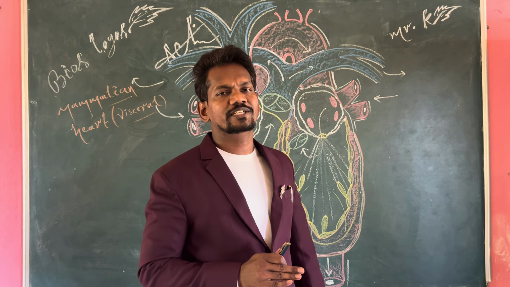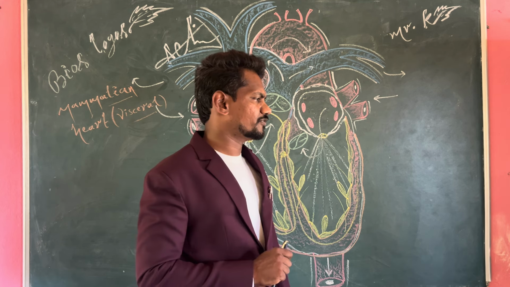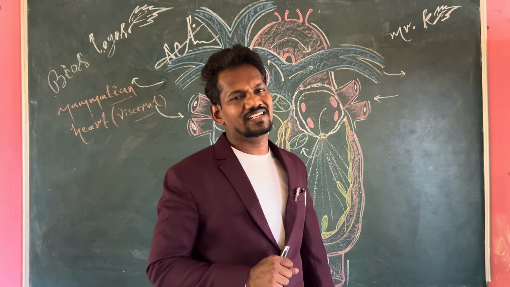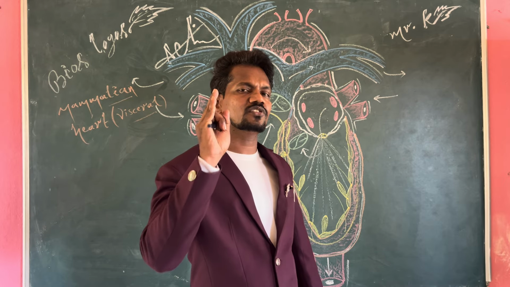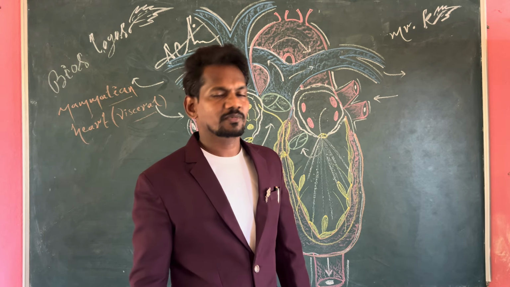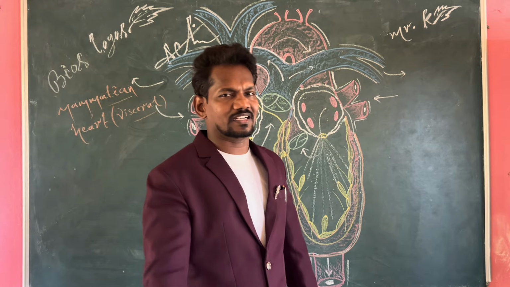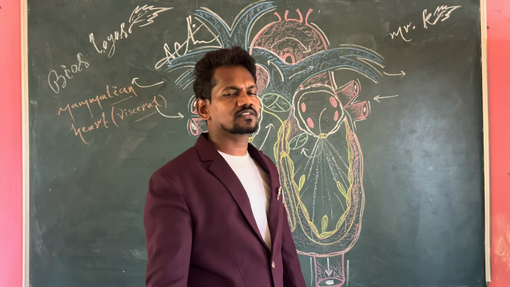Generally, the human body in its embryo stage is derived from three germinal layers: ectoderm, mesoderm, endoderm. We are known as triploblastic organisms, and lower organisms are diploblastic.